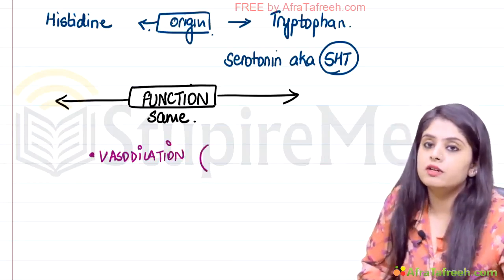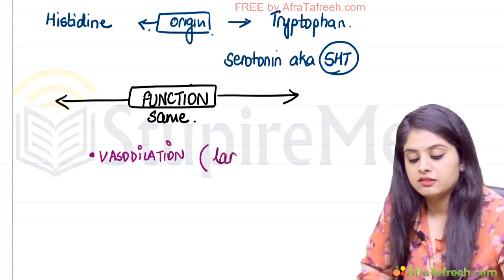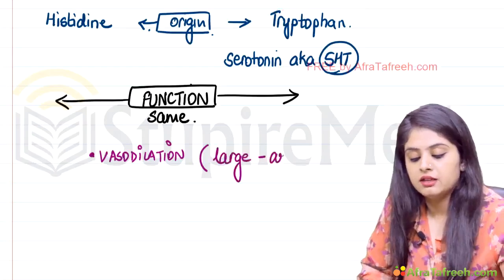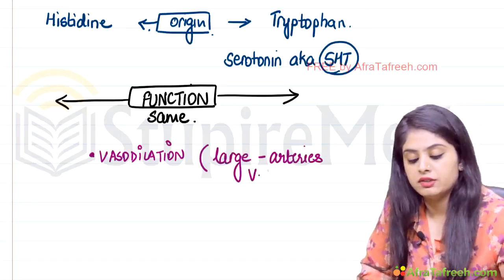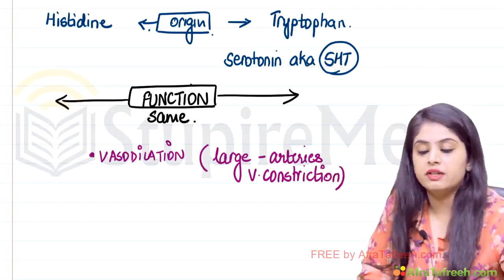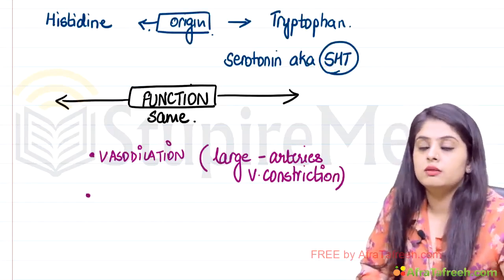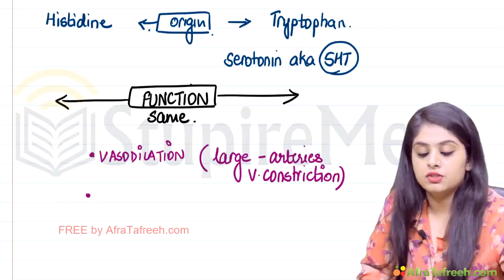Vasodilation is the usual function of both histamine and serotonin, but of the large vessels, like the arteries, it does not cause vasodilation, it causes vasoconstriction. So there is one exception over here. Vasodilation usually, but the large vessels, vasoconstriction.